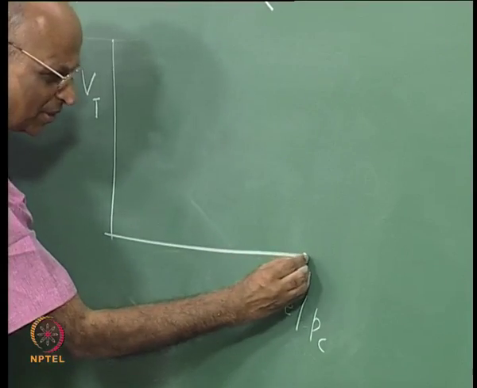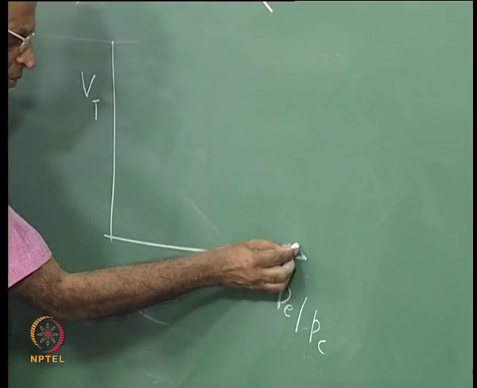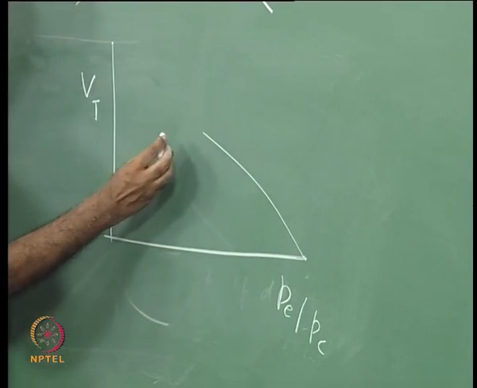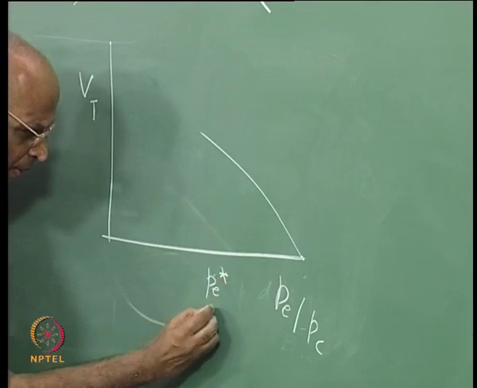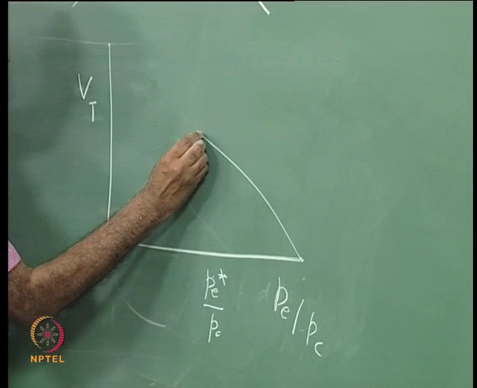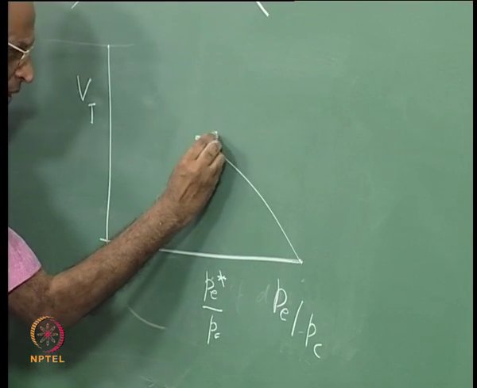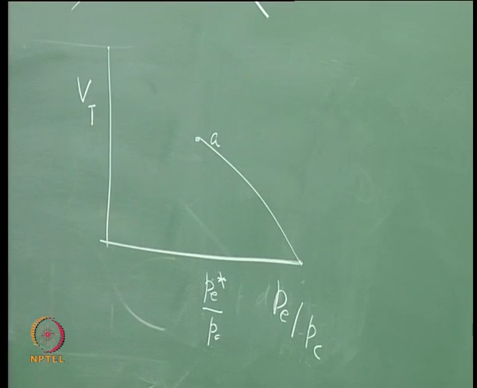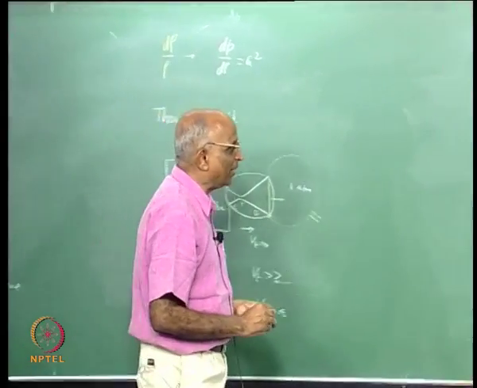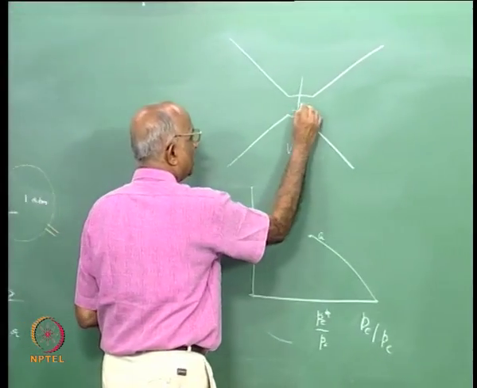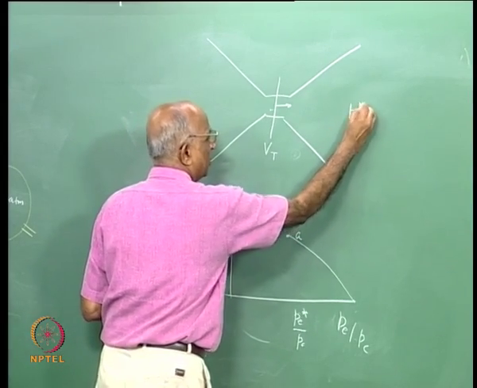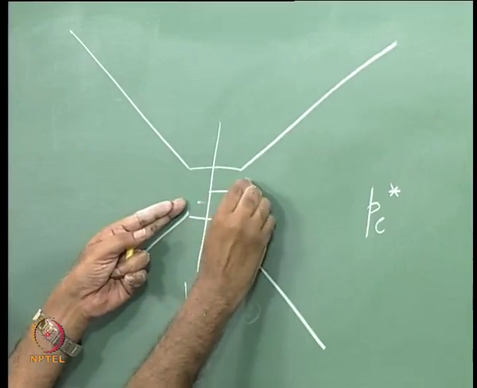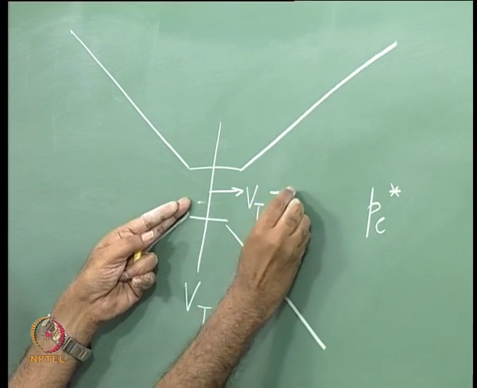Initially it is 1 and velocity is 0, and the velocity keeps increasing till, for a given value of PE star by PC, the value here is equal to the sound speed at the throat. What is the implication of this? When I have reduced the pressure to PE star, the velocity at the throat is equal to the sound speed.